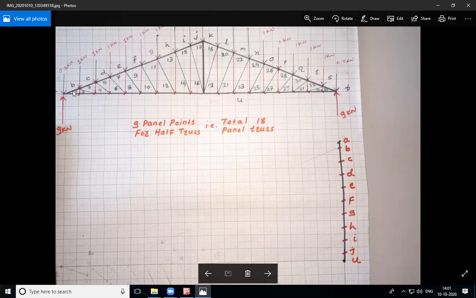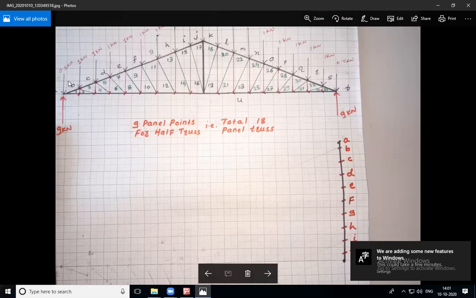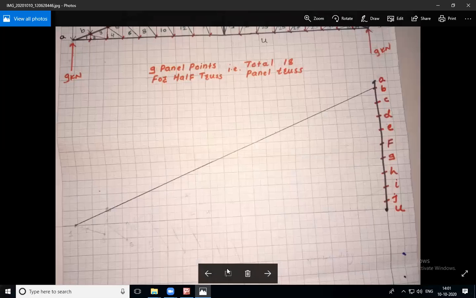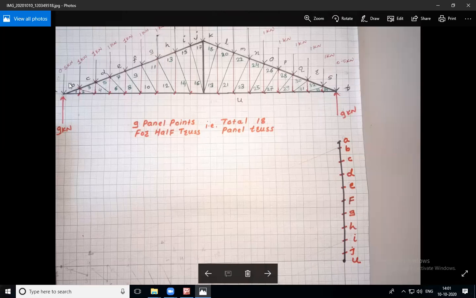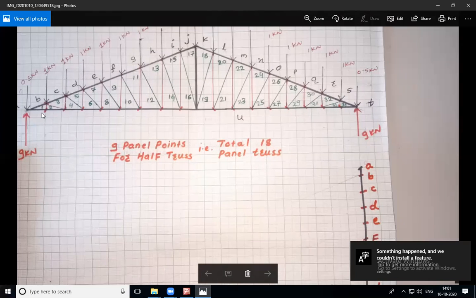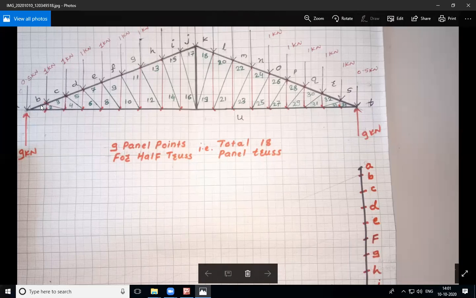From A to B we have already completed. Now from B to 1 we have to go. If you start from B and reach up to 1, there is one inclined line. We have to draw a line which is parallel to this line, the line in between B and 1.